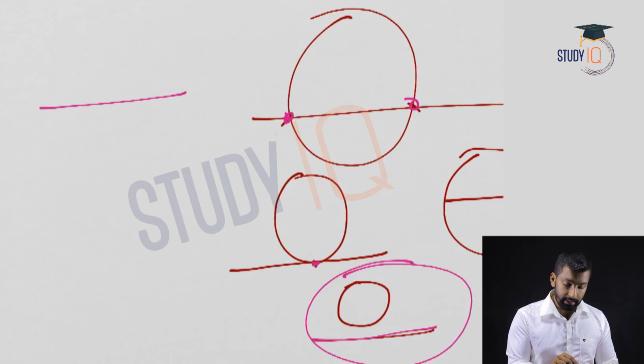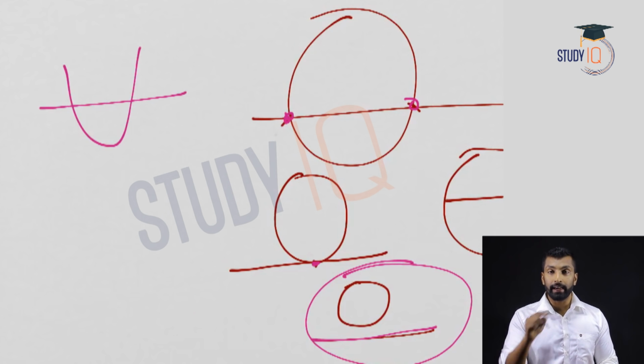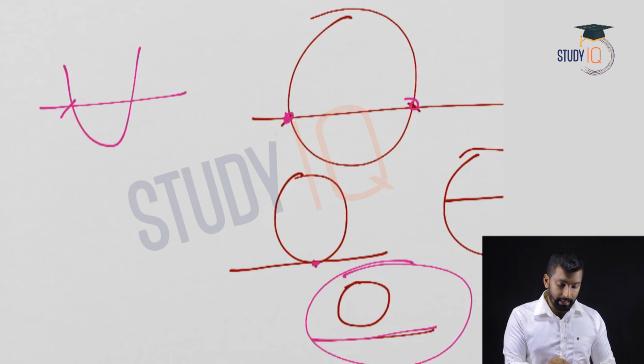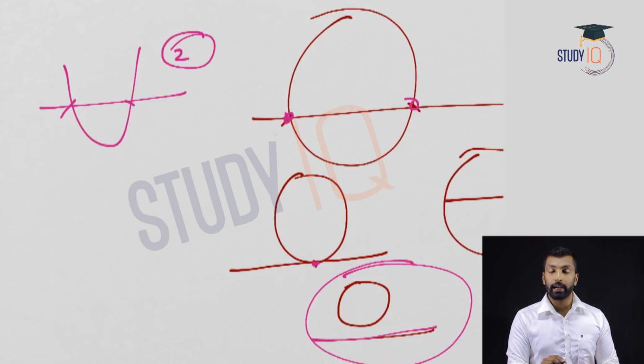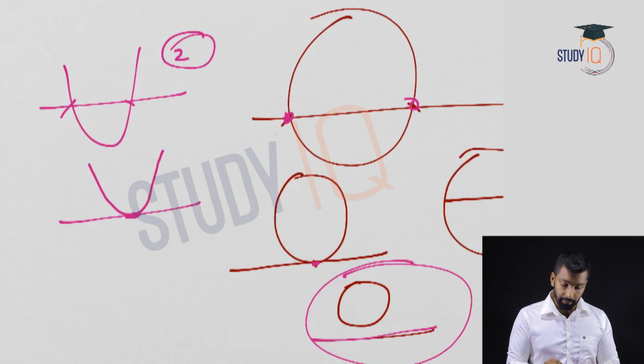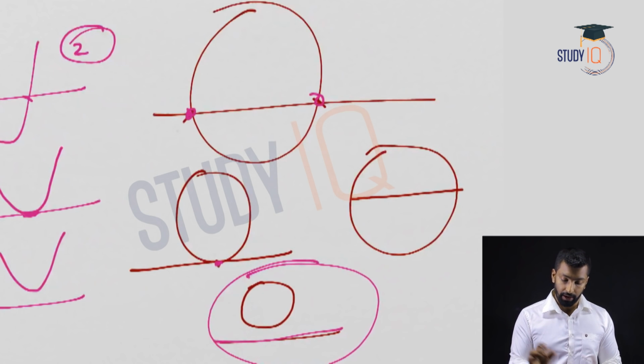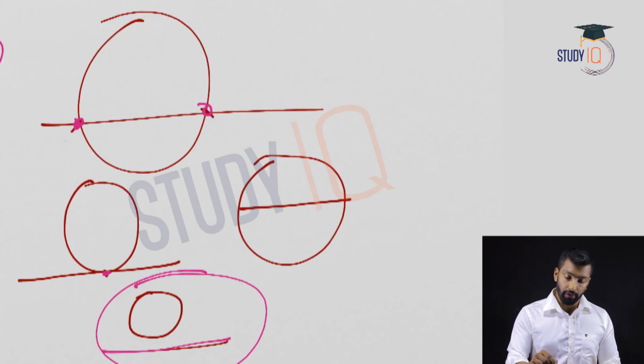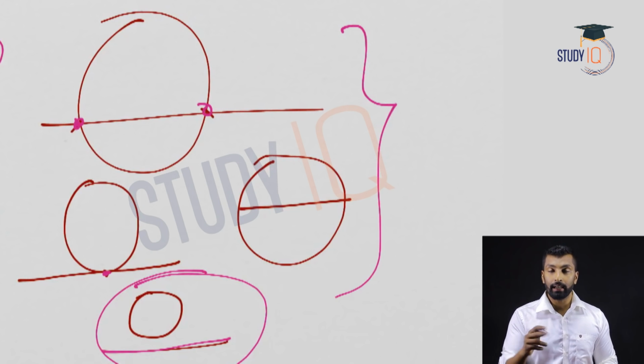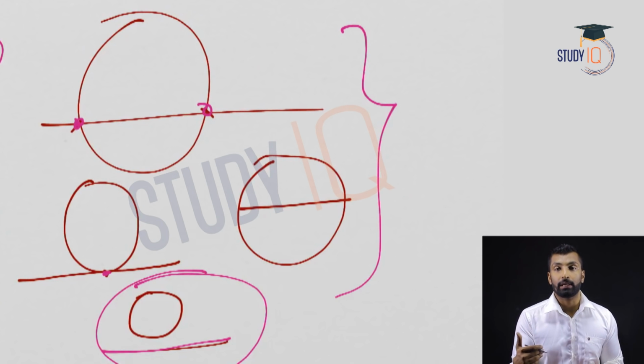If this is the x-axis, this is one possibility: the parabola will cut the x-axis at 2 points, so you will get two solutions. In this case it only touches the x-axis, so one solution. And the third possibility, like this, no real solutions. So this is exactly the same thing as what we are seeing here. We will be discussing this in detail in the coming sessions and in this lecture also.